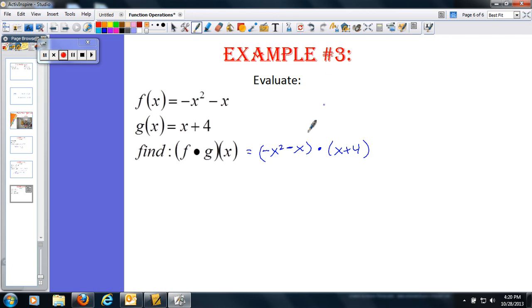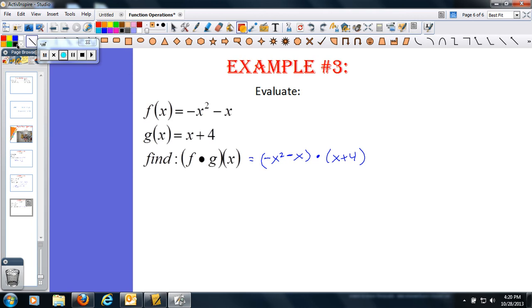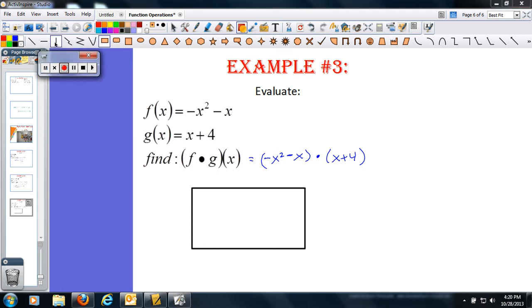Since it's a binomial times a binomial, you could use the FOIL method, but the method that I prefer, and I think is a little more helpful here, is what I call the box method.